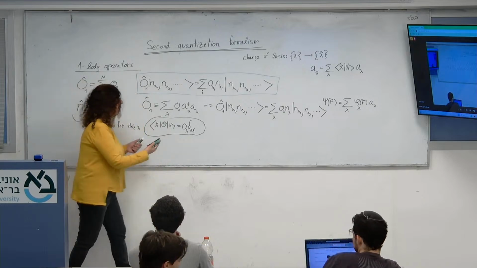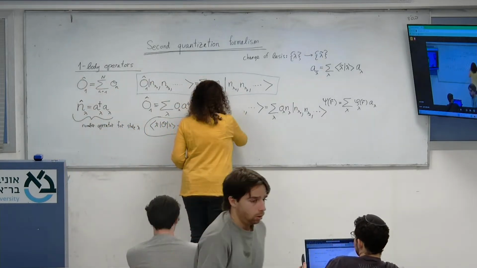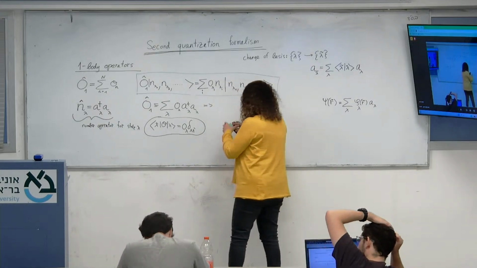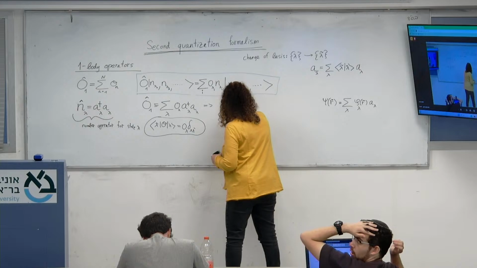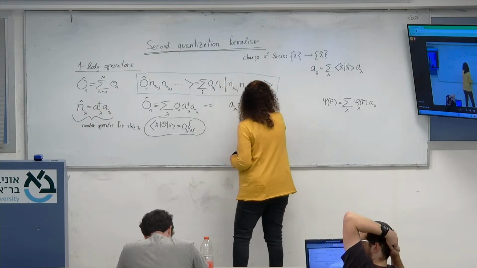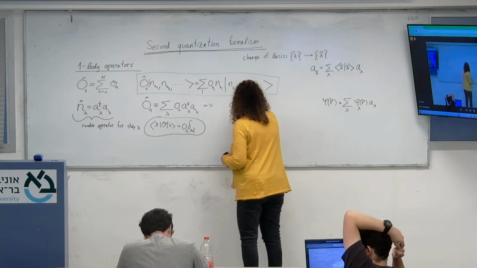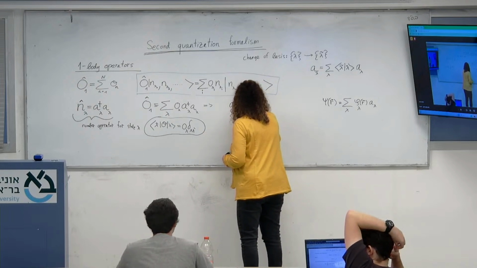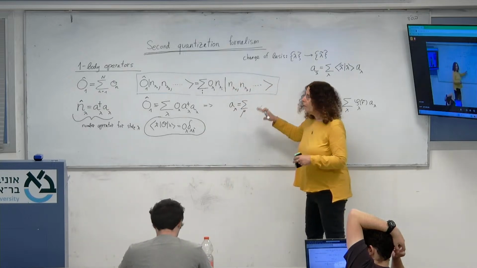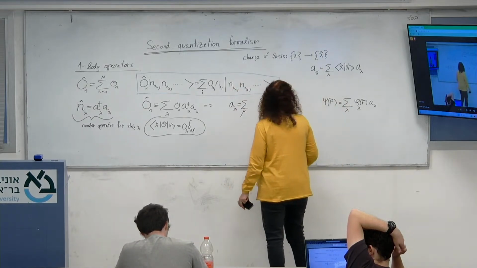Maybe I'll do it a little more carefully. I can write a lambda as a sum over mu, the other basis, whatever it is.